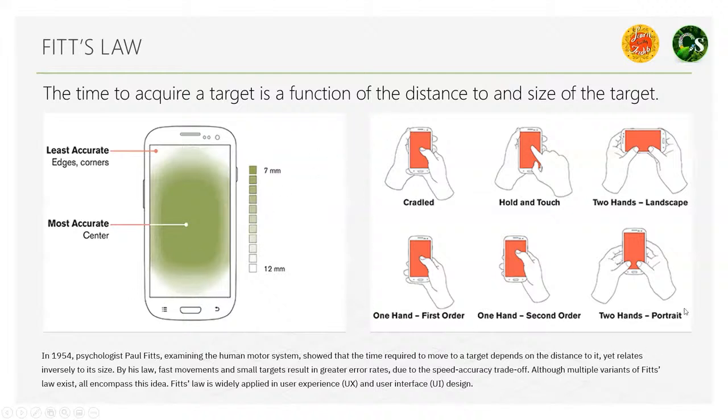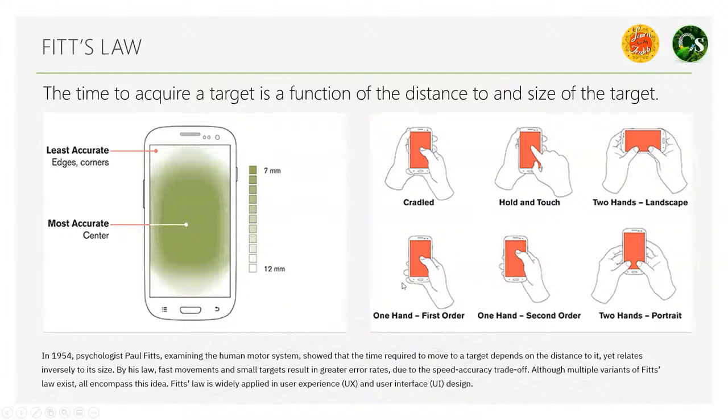Understand the various ways a person uses a mobile device. The first one is the cradle way. The second one is hold and touch. The third one is mostly used by gamers when they are interacting in a game interface where both hands are used in a similar way.